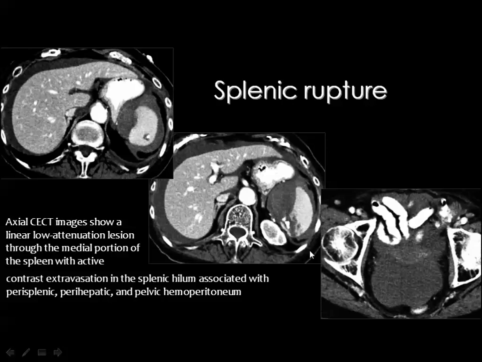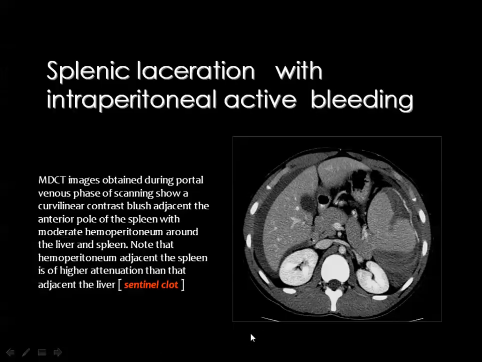Here you see the laceration of the posterior wall of the spleen, and you see extensive hypodense collection within the peritoneal cavity as well as in the pelvis. And the sentinel clot sign can be easily appreciated here, where you identify the relatively hyperdense collection or hematoma adjacent to the site of injury, and the relatively hypodense bleeding in the rest of the peritoneal cavity.